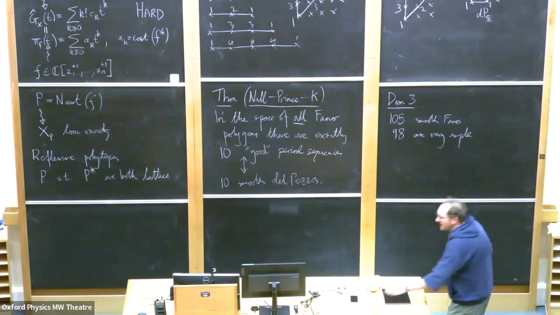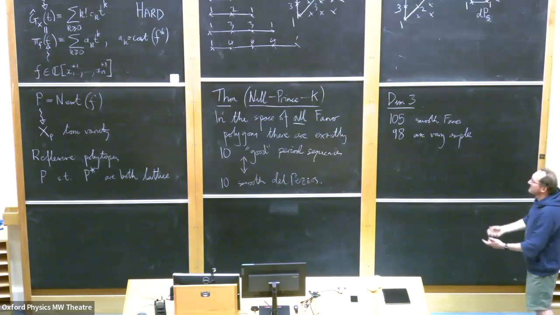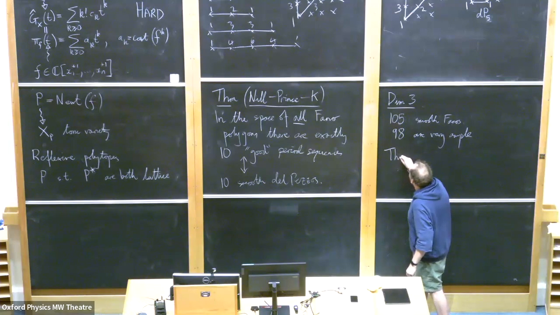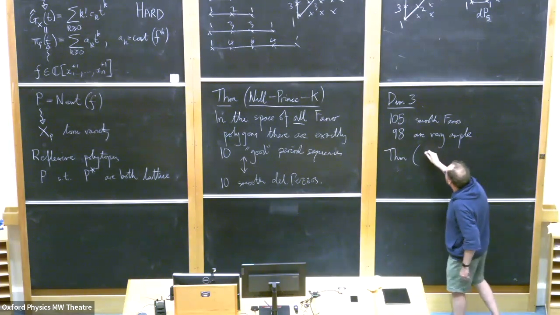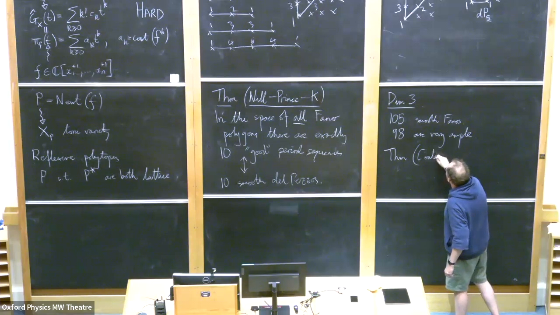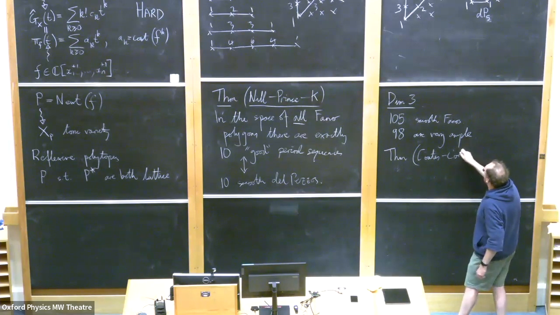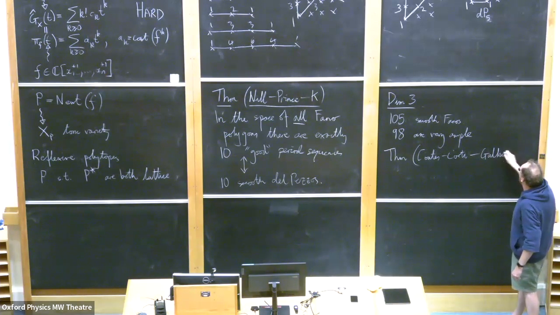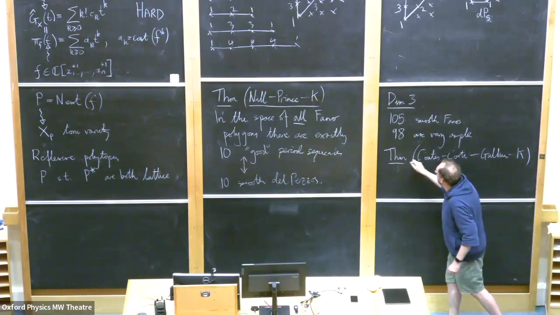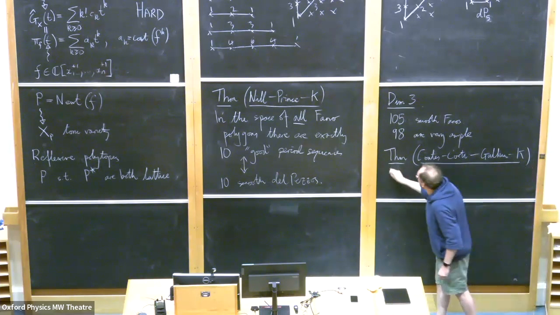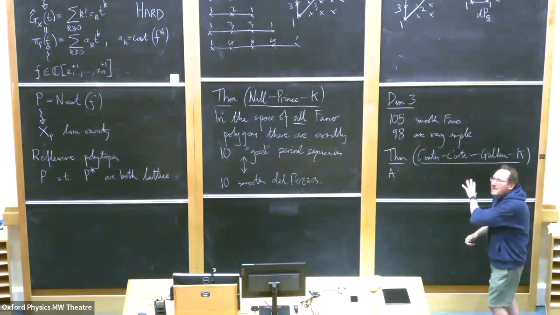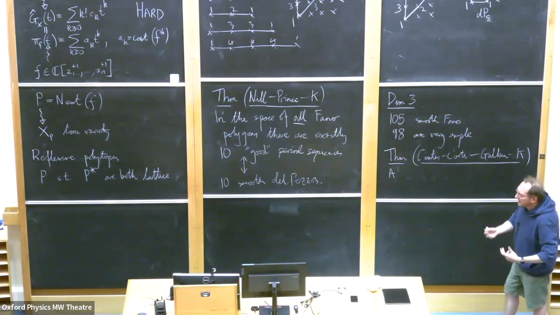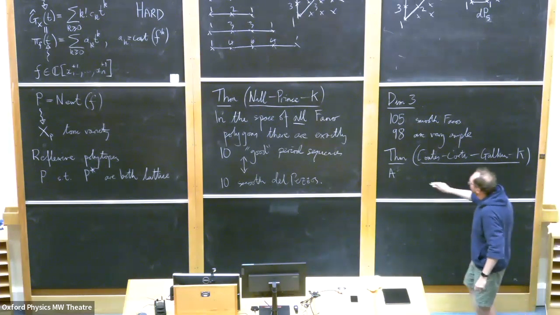So let's see how many good period sequences we can find amongst the reflexive polytopes. This is due to Coates, Corti, Galkin. This one is more experimental, less founded on mathematics, just because we don't really have the knowledge that we need about high dimensional singularities.